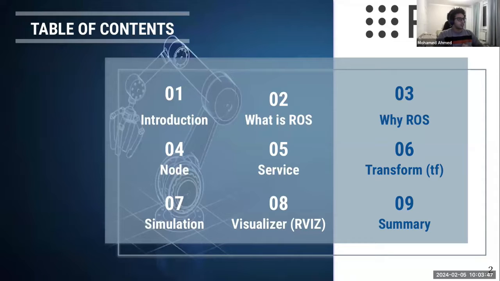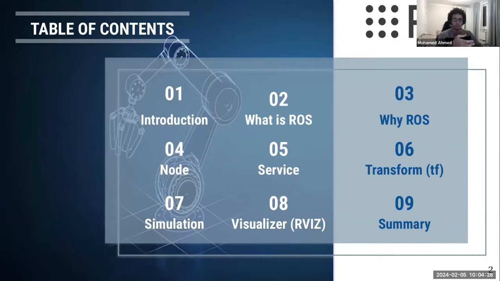So this is our table of contents. It looks very big, but don't worry, we'll try to make everything as simple as we can. We'll go through an introduction. I will show you some projects that have been done with ROS. We'll talk more about what ROS is and why we use ROS. We'll talk about the main structure of ROS, or the most important part in ROS, which is the node, and then what a service is, and then there is a package called transform, or the TF package.